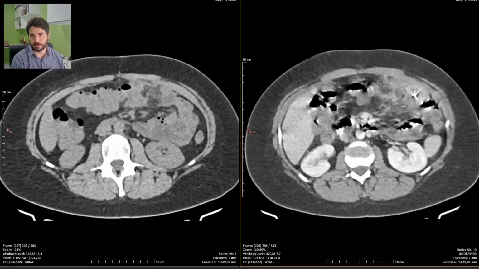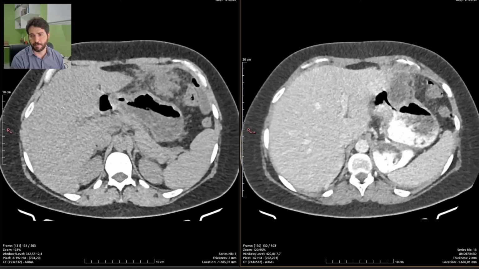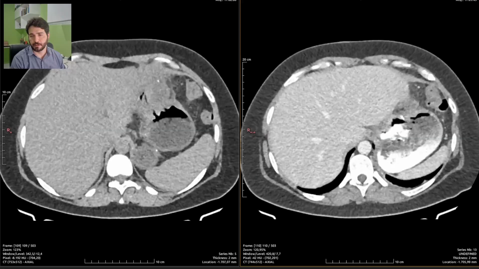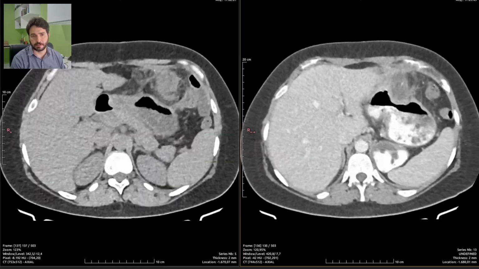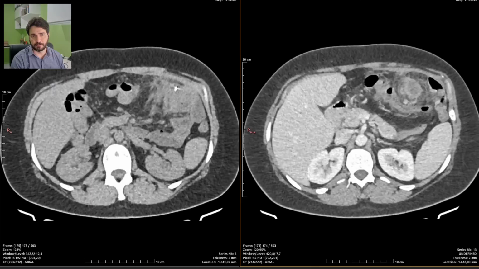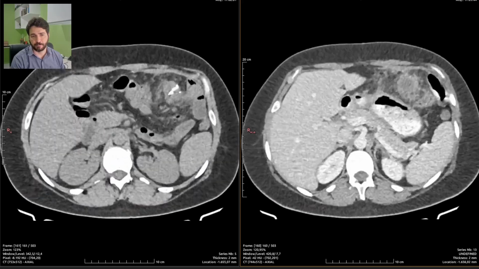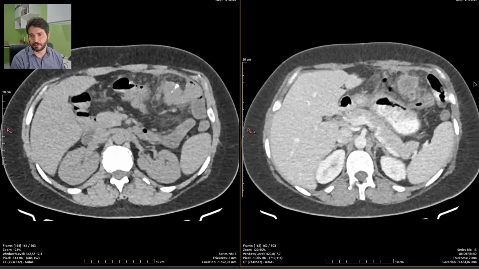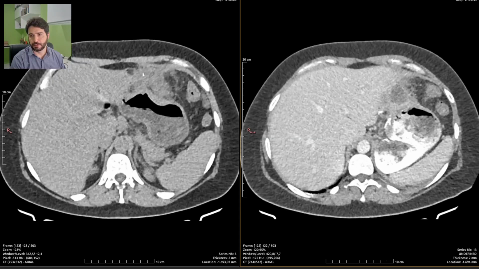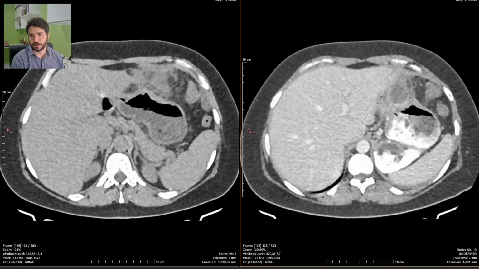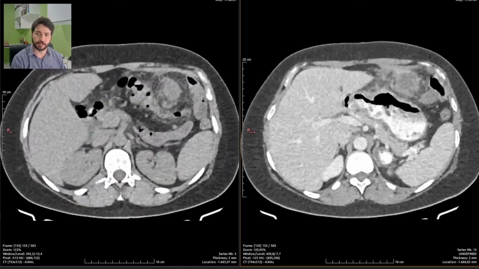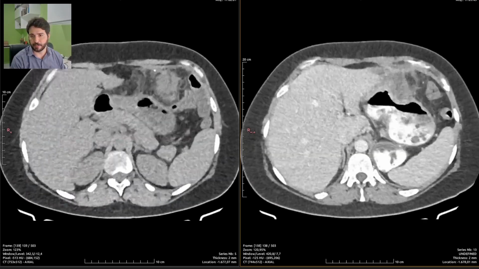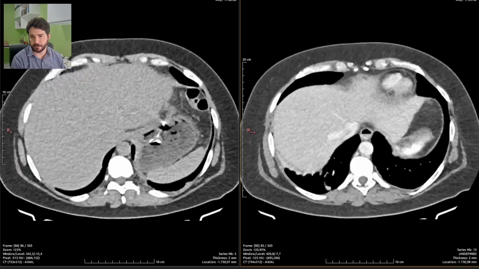I can regularly say that there is some fluid collection on the left hypochondrium, the left upper quadrant of the abdomen, right beside some kind of suture, and right beside the suture of the gastric pouch anastomosis that was joined together with the rest of the stomach, as in reversing the gastric bypass.